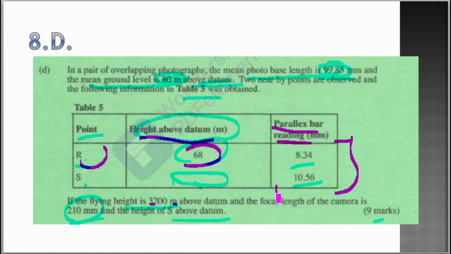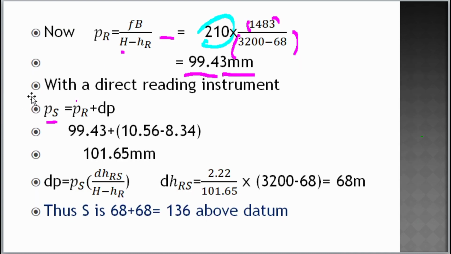That is with an assumption of a direct reading stereometer, a device that we are using.